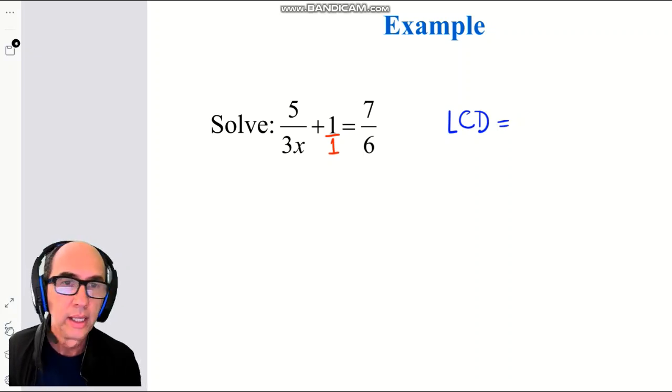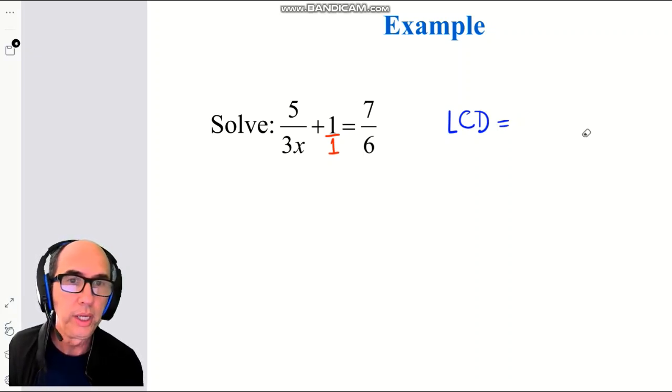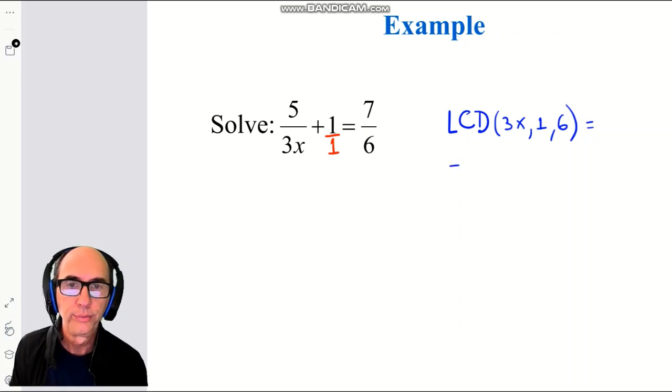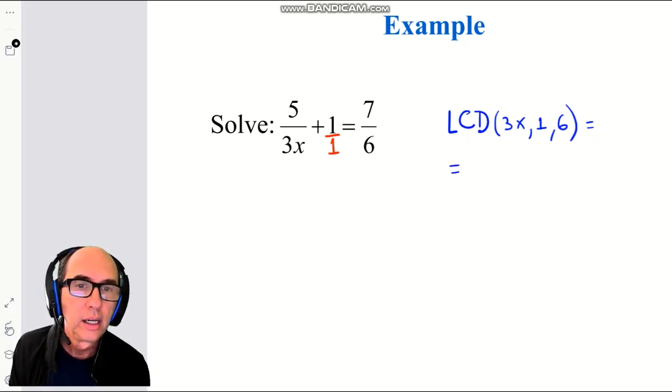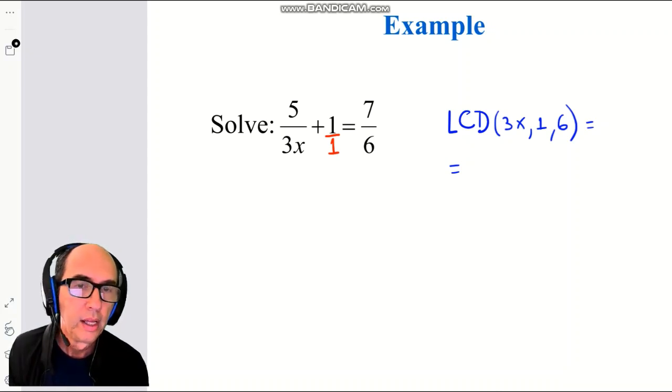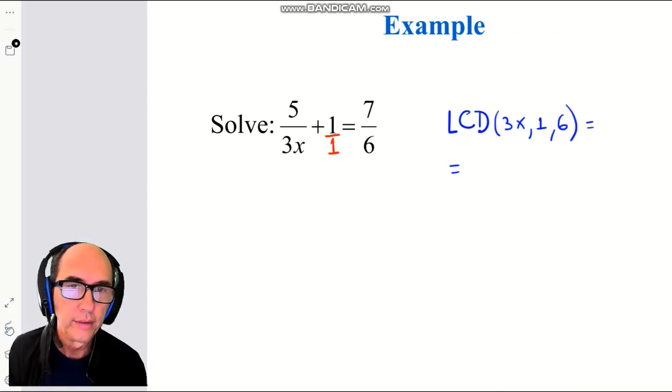So the first denominator here is 3x, and the second denominators are 1 and 6. Well, we need to find the least common denominator. We need to multiply all the unique factors. 3x, so we have 3, and we have x.